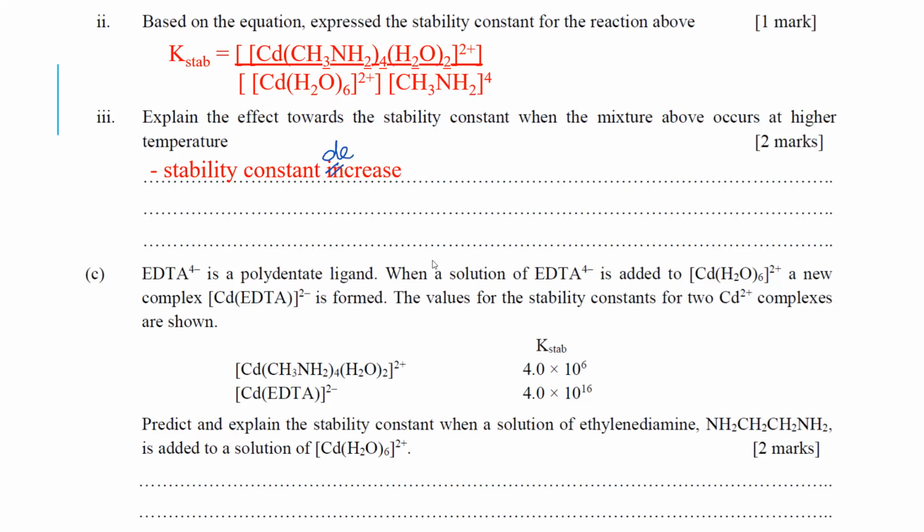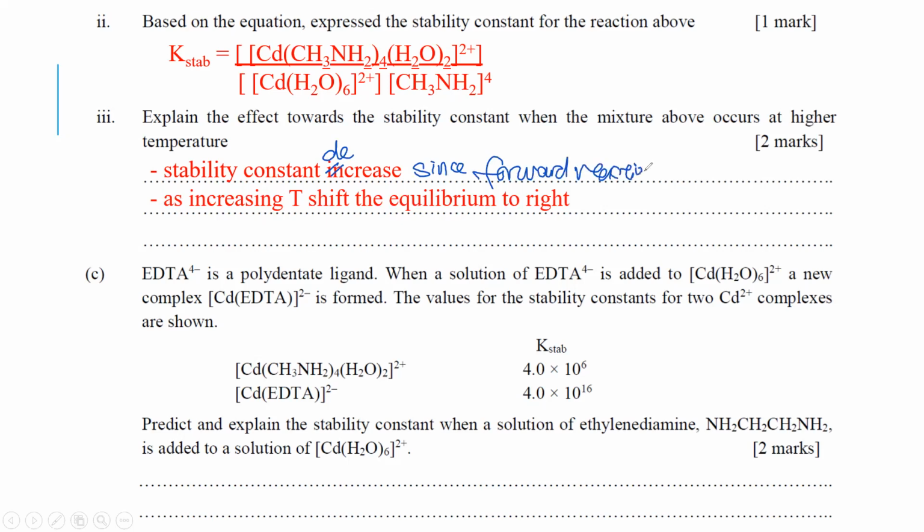Okay, stability constant decreases as temperature increases, since the forward reaction is exothermic. Equilibrium will shift to the left. Okay, so that is how you are going to explain the effect of temperature towards the stability constant.